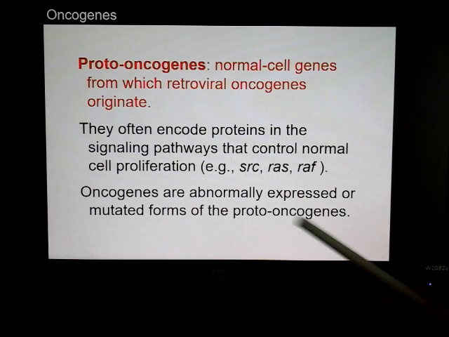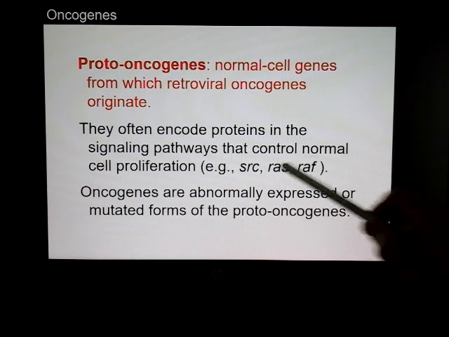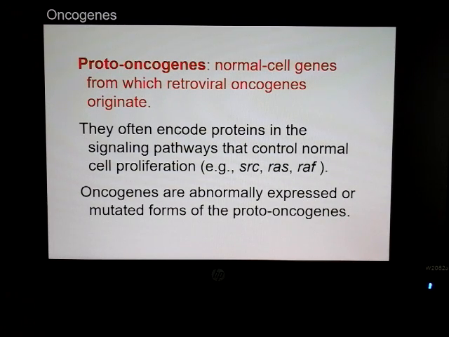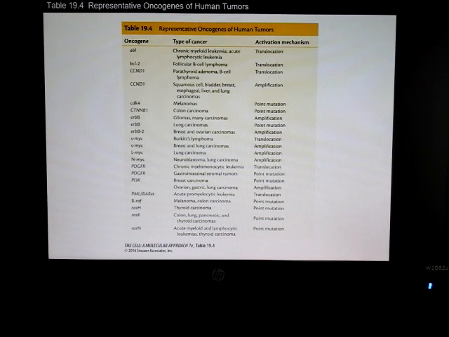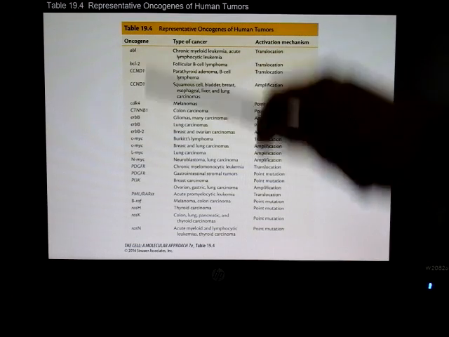So some examples, if you guys remember me talking about RAS before and RAF, these are considered proto-oncogenes, so they can become cancerous. And here's a whole list of those guys. Memorize that. I'm just kidding.